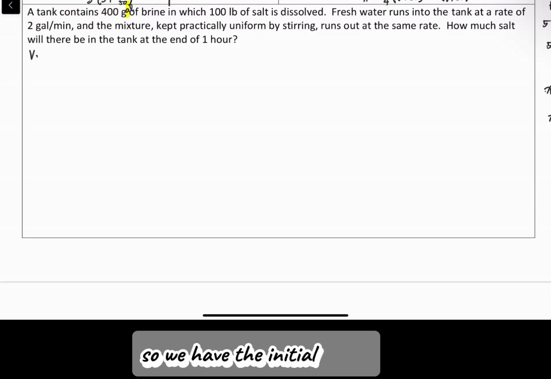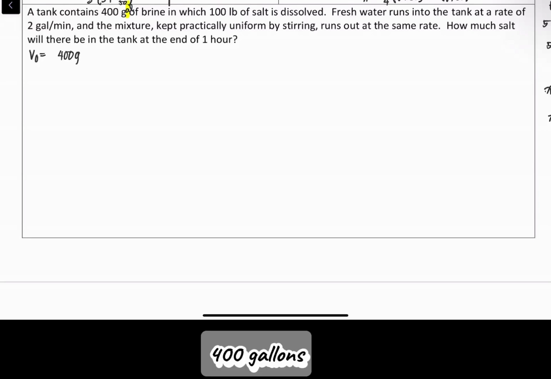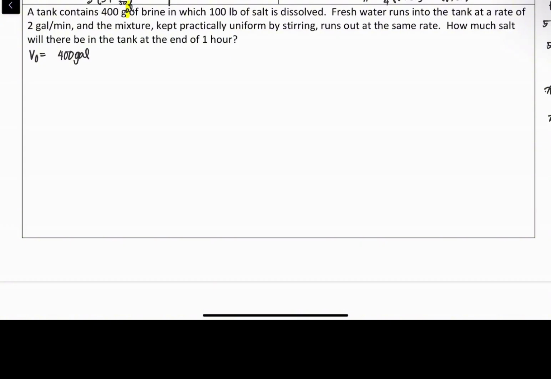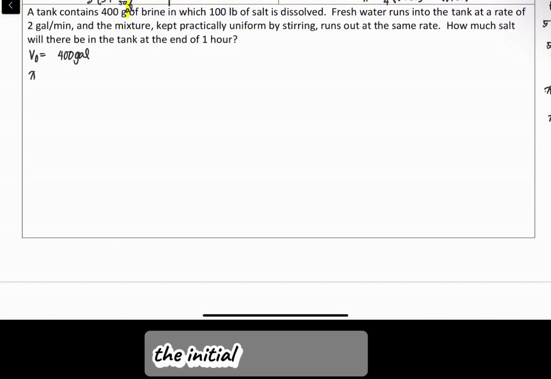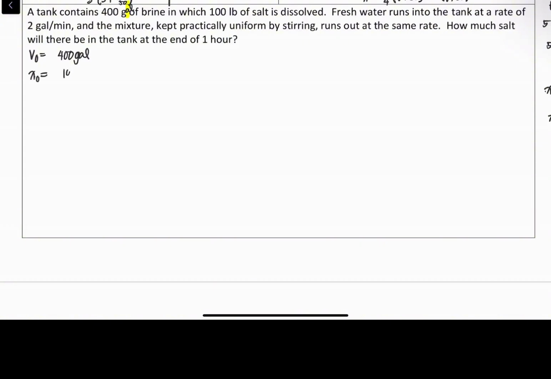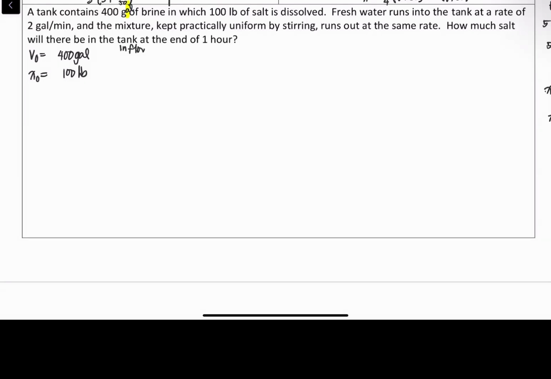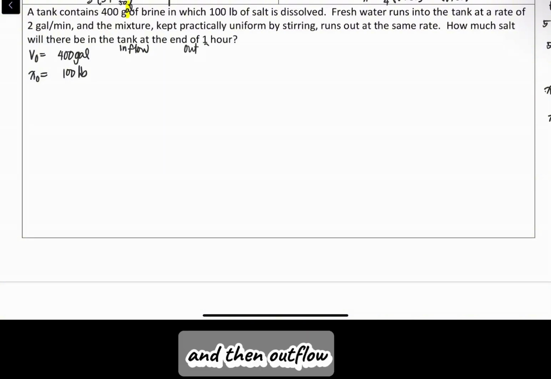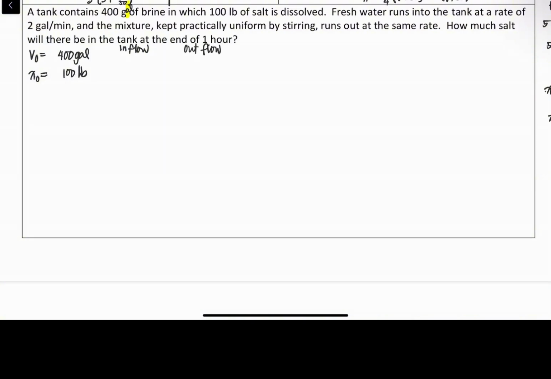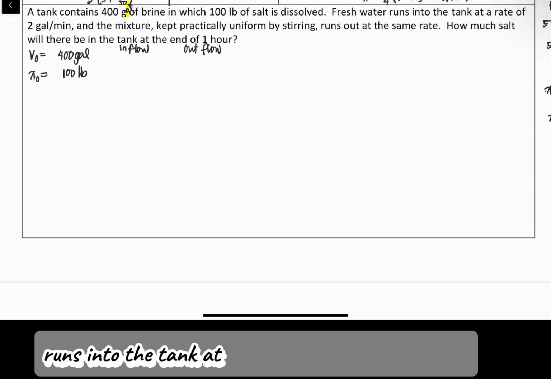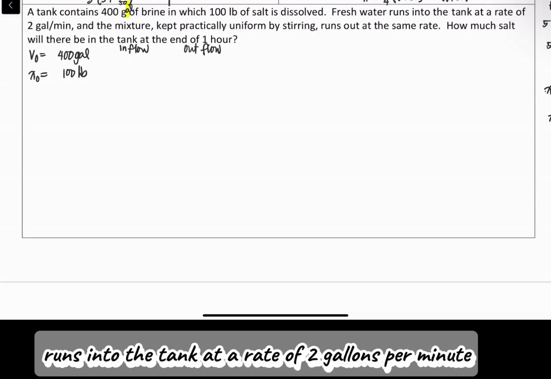So we have the initial volume, 400 gallons. The initial amount of salt, 100 pounds. So for inflow and then outflow, fresh water runs into the tank at a rate of 2 gallons per minute.